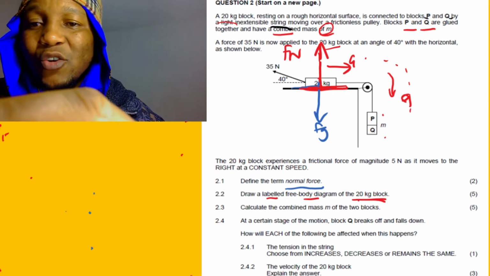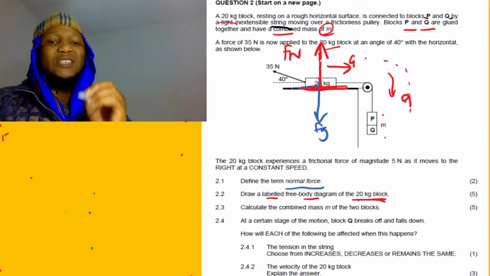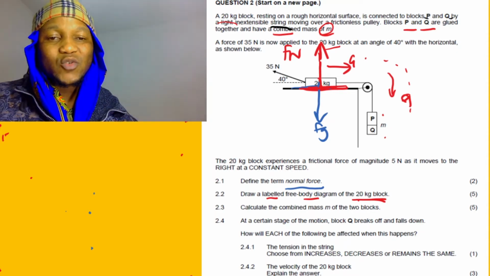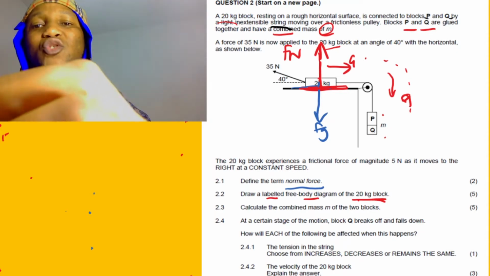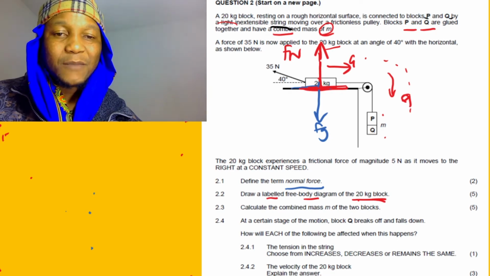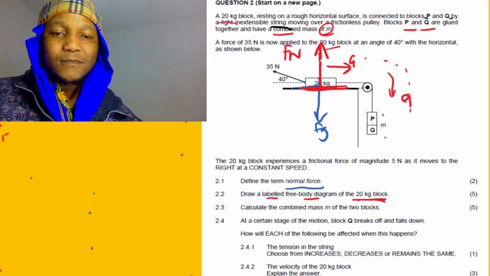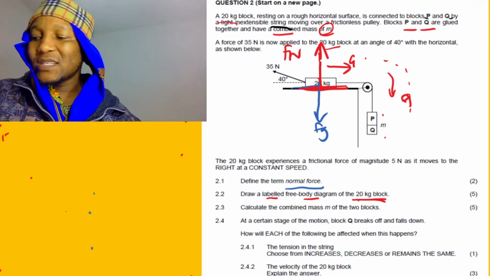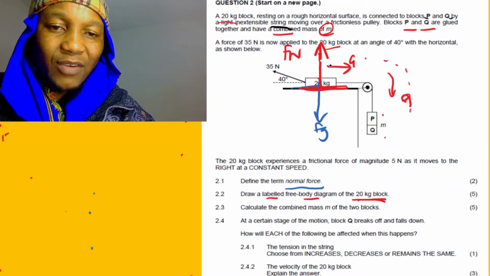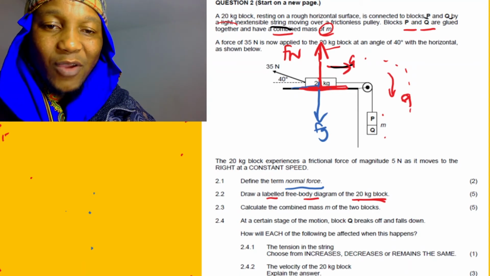So look at your 20 kilogram object. Let's draw all the forces acting on the 20 kilogram. You need to know the direction of the object. This object is going to be moving in this direction. If it's moving that direction and you have a force here, our force diagram is like this.